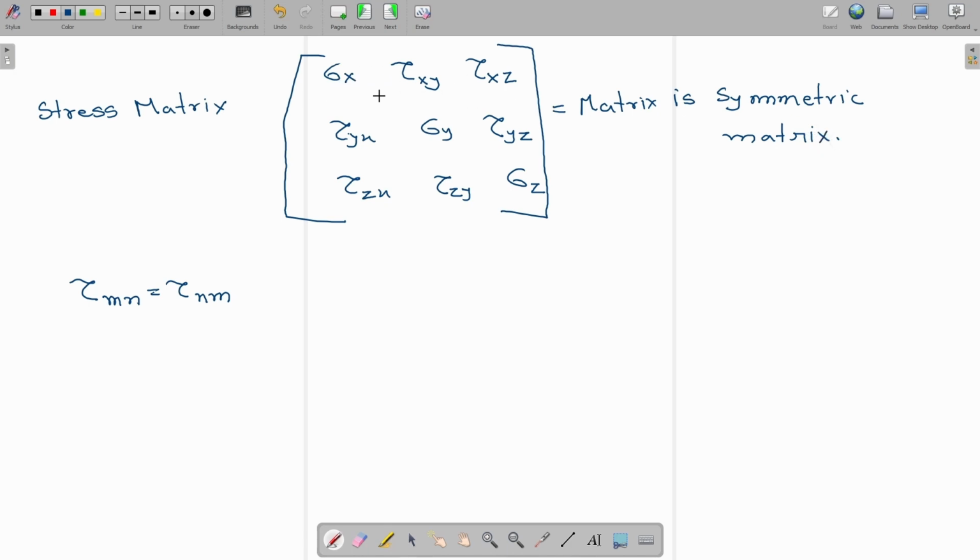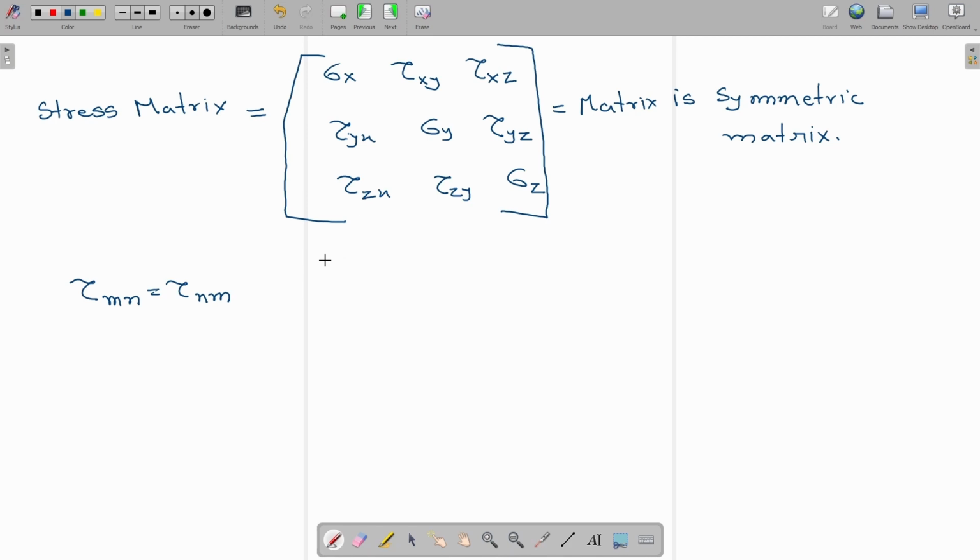And these components are all stress tensor or stress components. This is the normal stress tensor or normal stress, and this is the shear tensor or the shear component or the tangential component.